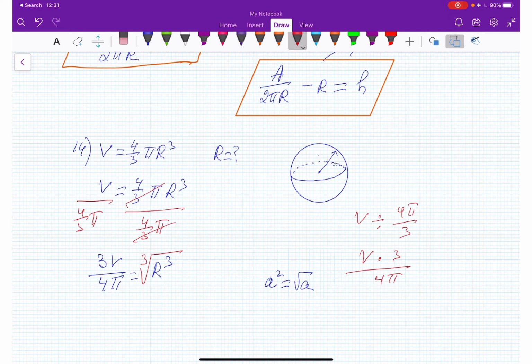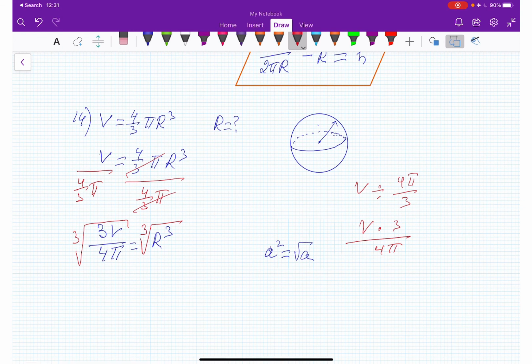So one r will come out. This one also cubic radical. So r, clean r will come out because I have 3 and 3. And here it's going to be equal to the cubic radical of 3V over 4 pi.